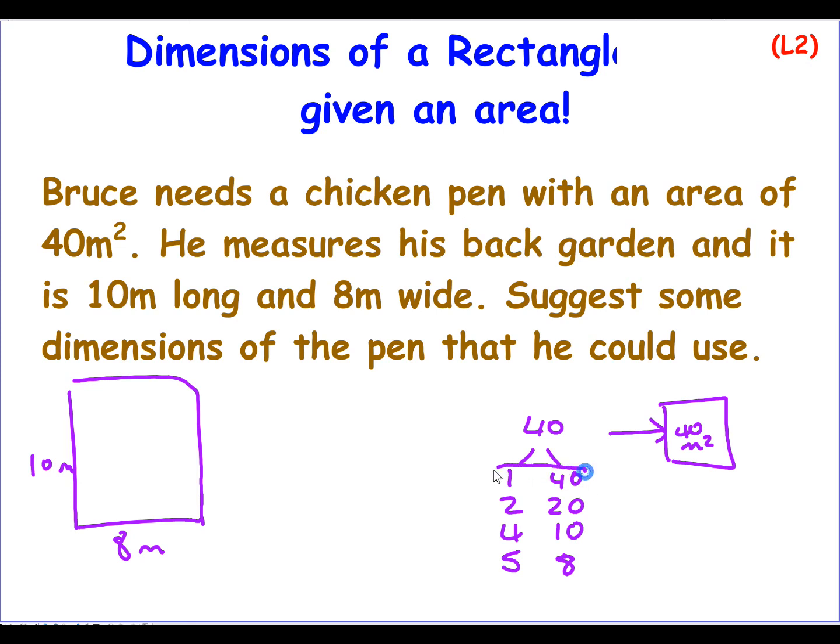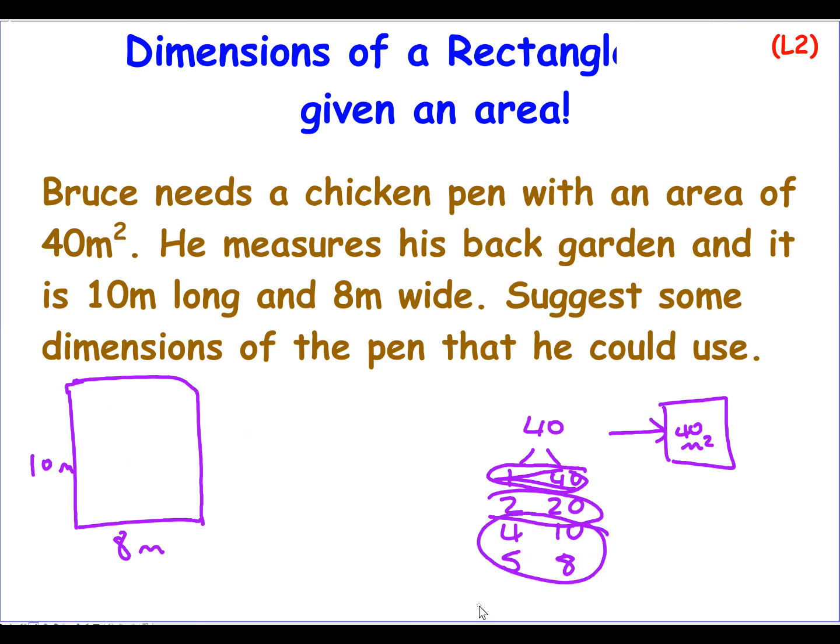So you can't have a chicken pen that is 1 meter by 40 meters because it would go outside the dimensions of his garden. You can't have a pen that is 2 meters by 20 meters because again, the 20-meter length would be outside his garden.